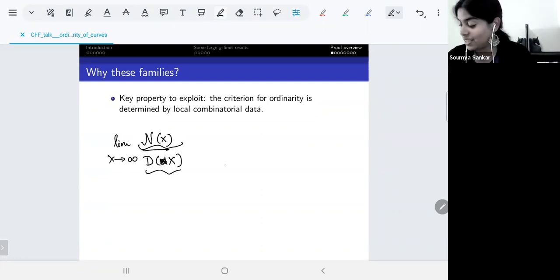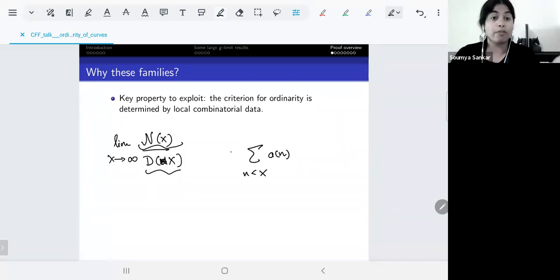That's basically the way this goes. And if we want to calculate the numerator, essentially we're trying to calculate the sum over n less than x of a_n, where a_n is the number of curves of, let's say, genus n, right?